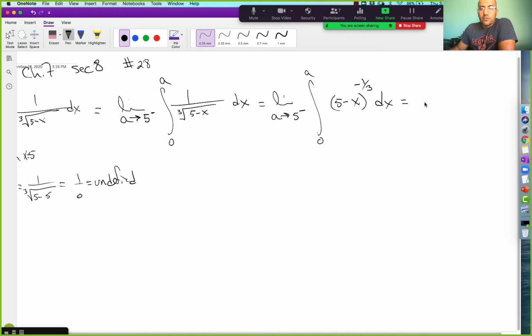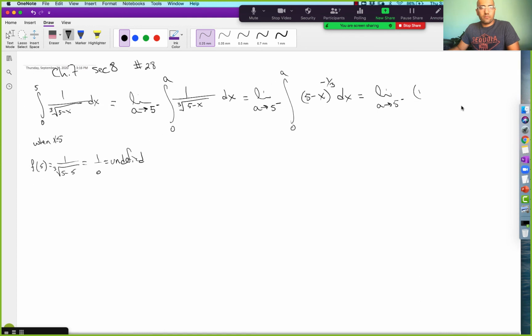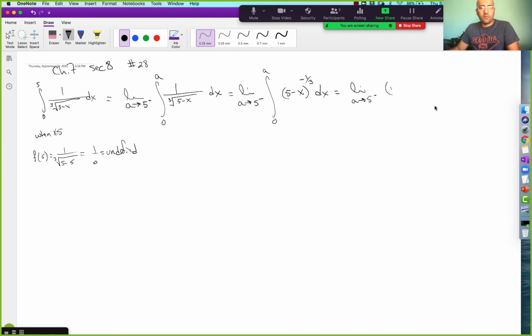So this is equivalent to the limit as A goes to 5 from the left-hand side of 5 minus x to the power of positive 2/3.